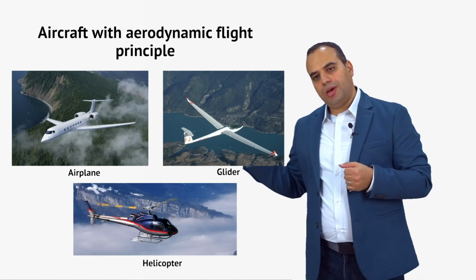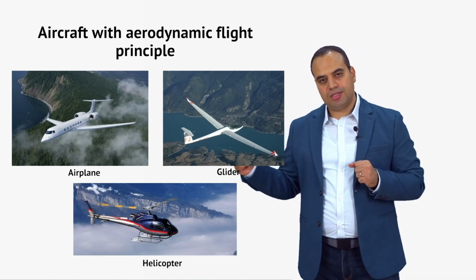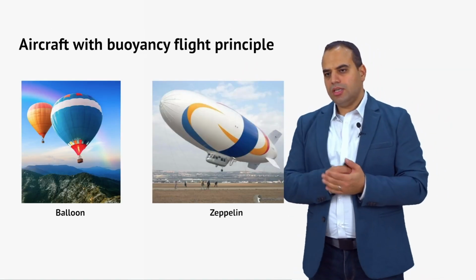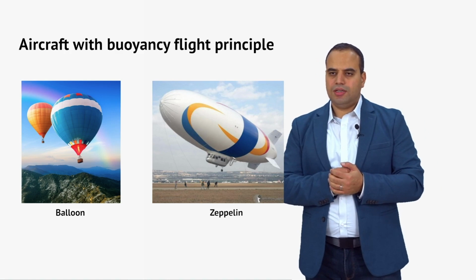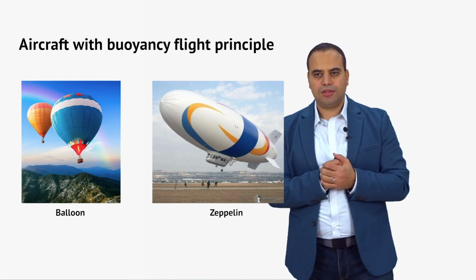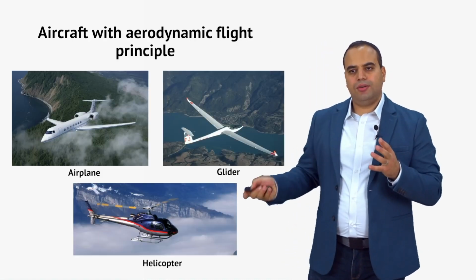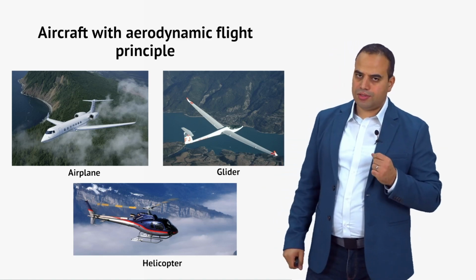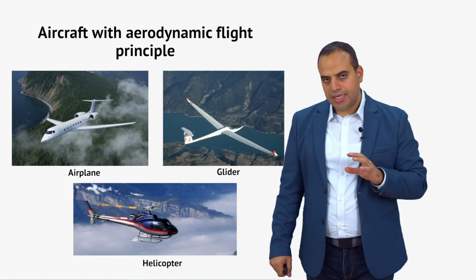While here we have a streamlined shape of the aircraft, so the shape itself is streamlined. Here we have, for example, just a big, you can say, formless kind of balloon, where here we have a streamlined shape because they need to be able to cruise at a certain speed with a minimum drag, right?